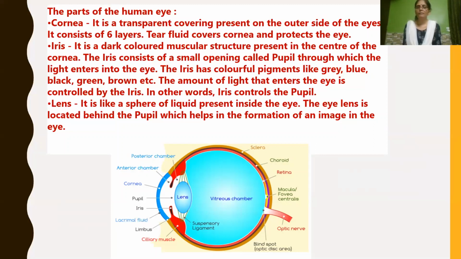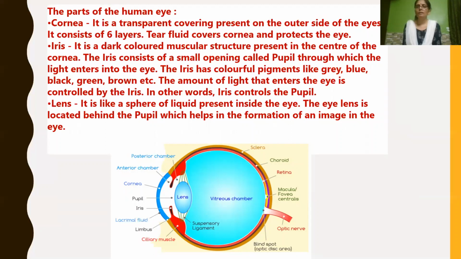Next part is the iris. The iris is a dark colored muscular structure present in the center of the cornea, and it has a small opening called the pupil through which light enters into the eye.